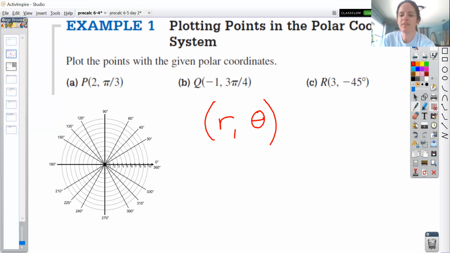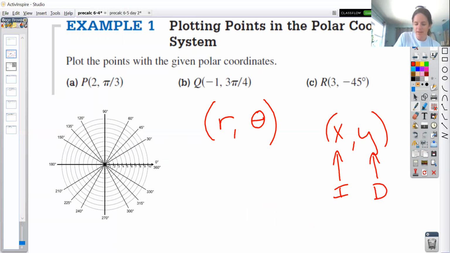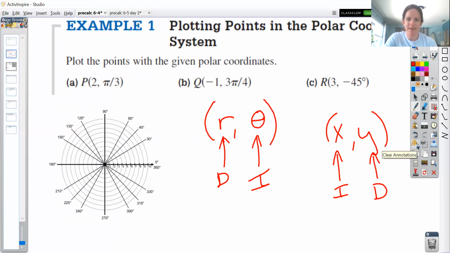This is actually a little bit different than we're used to seeing with xy, because with x and y, the x is the independent variable and then y depends on x. But with r and theta, when we make equations, r turns out is going to depend on theta. So r is the dependent variable and theta is the independent variable. And so the order that they're written in the coordinate pair is just a little bit backwards from what you're used to seeing. Just a heads up on that.